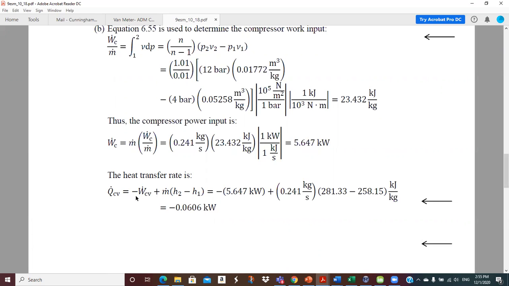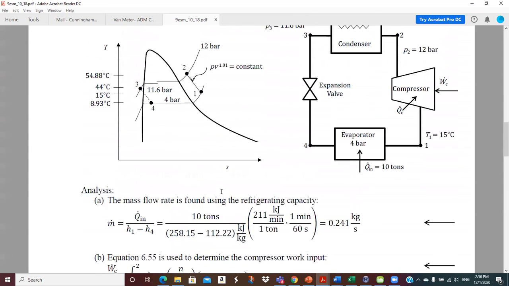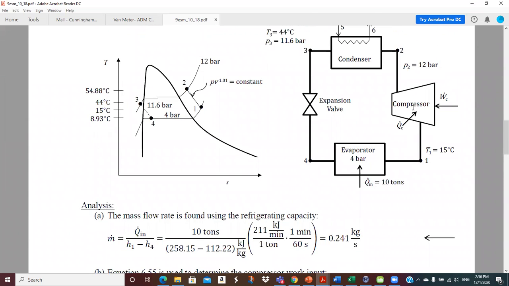So we've got Q is equal to minus the work of the control volume plus m dot delta H. Plugging into this, the work is plugged in as a negative, so we have the minus 5.647 kW. And then the mass flow rate times the enthalpy difference across the compressor from 1 to 2.